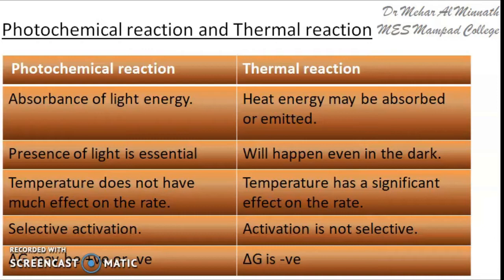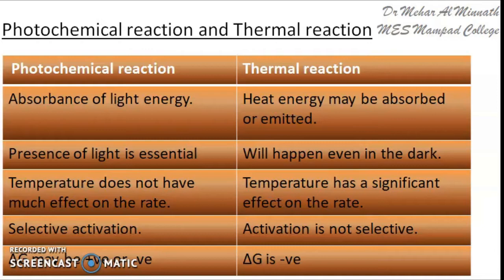Photochemical reaction involves absorption of light or emission of light. It happens only in the presence of light. Light is essential, but in thermal reaction, light is not necessary. It will happen even in the dark, and heat is evolved or absorbed during thermal reaction.